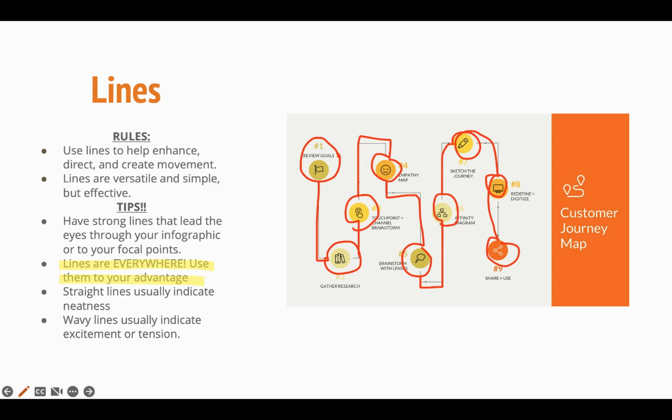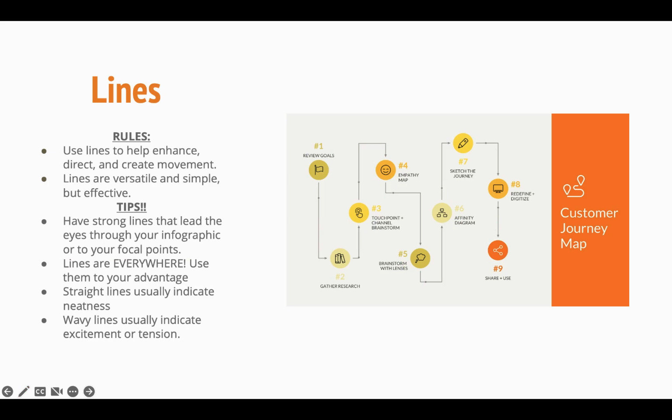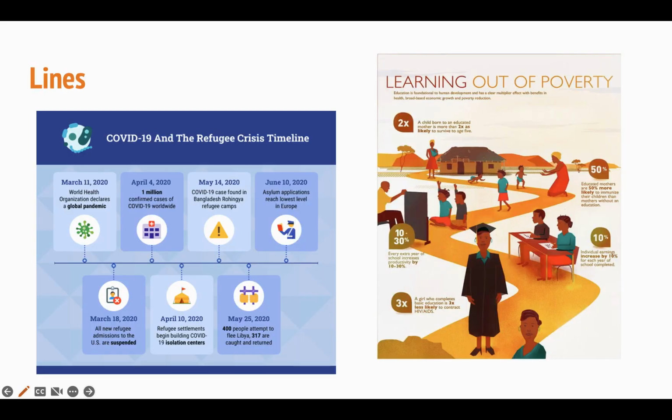So let's look at two more examples and see how lines are used to make the infographic effective. Let's look at this one on the left, the COVID-19 and the refugee crisis timeline. This one uses lines originally because the point of the infographic is to present it to you as a timeline. So, of course, you are going to need lines, but same thing.